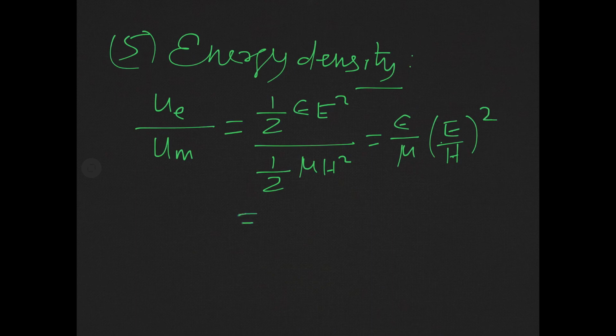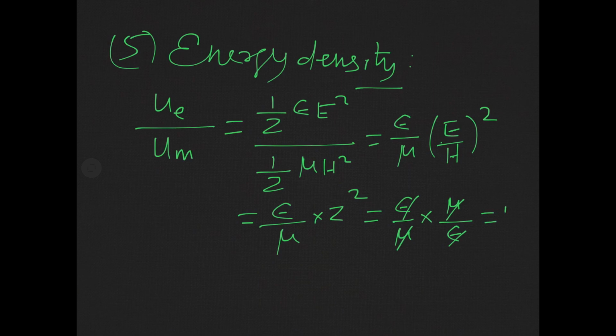And we know that this E over H is actually equal to Z, which is intrinsic impedance of the medium. So this is epsilon by mu into Z square. And we know that this Z square is actually equal to mu over epsilon.